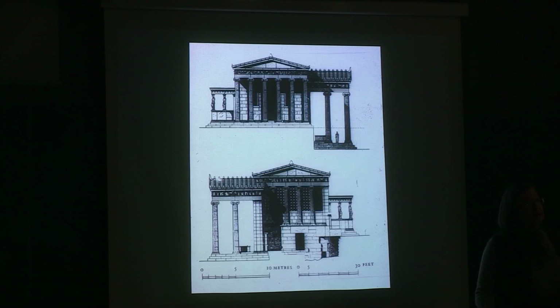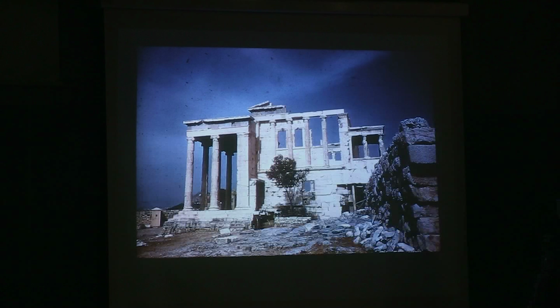So in this hotbed of the Doric order, on the Acropolis of Athens, we have even the usage of Ionian elements. In the present state of the Erechtheion today, we see that some of the sacred spots are being maintained.